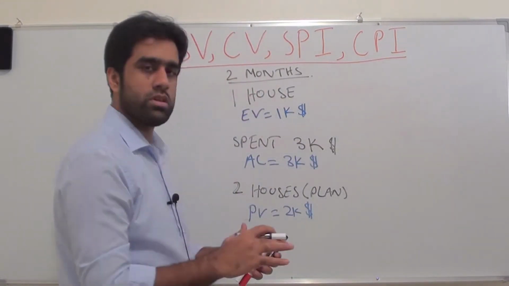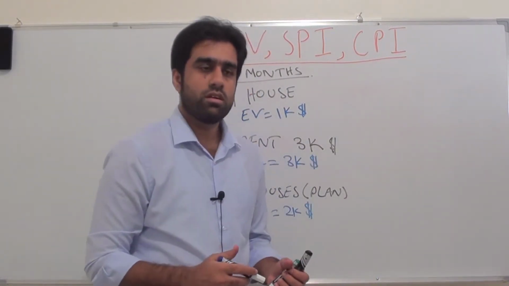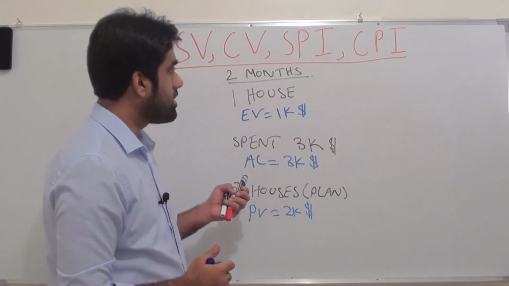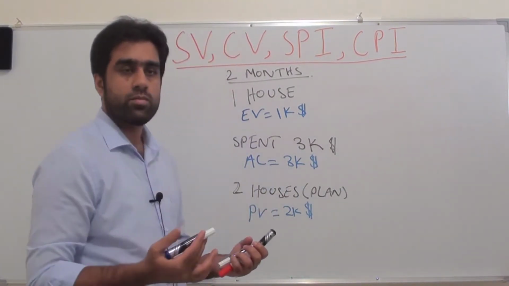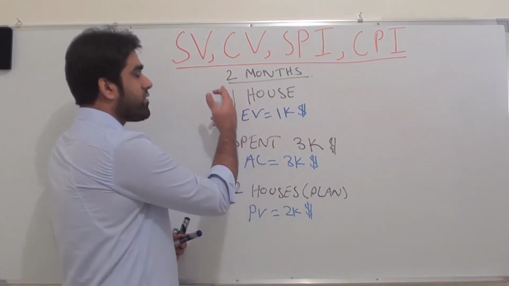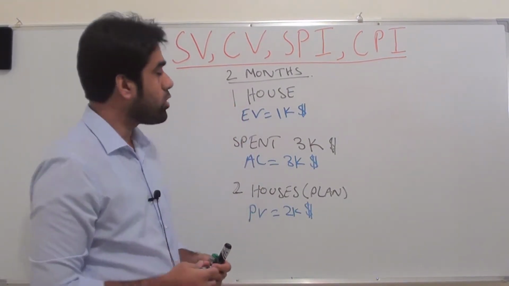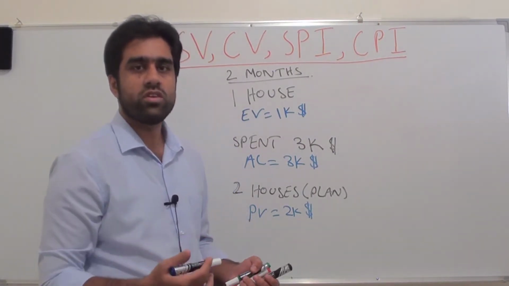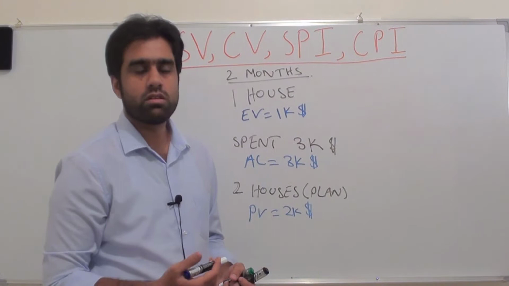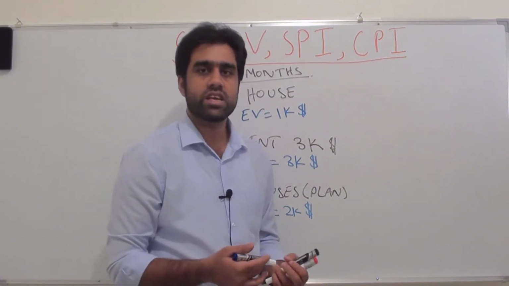It's just a normal understanding of the variance. Looking at this example, let's compare to our project plan, using layman's terminology. At the end of 2 months, we were supposed to build 2 houses, but we only built 1 house. So how are we performing? Yes, we are behind schedule.